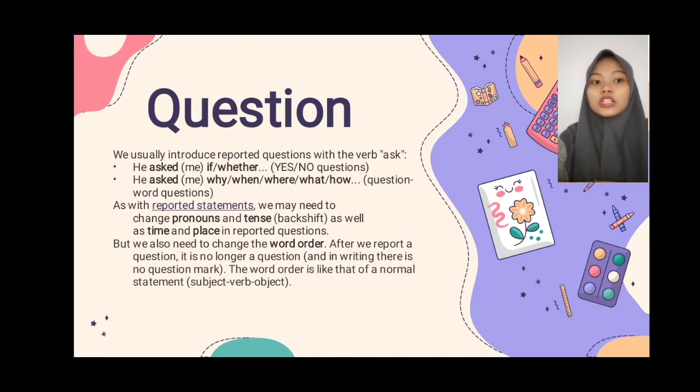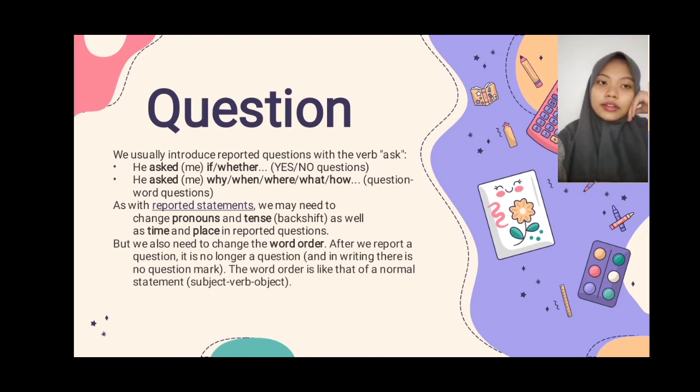As with reported statements, we may need to change pronouns and tense (back shift), as well as time and place in a reported question. But we also need to change the word order after we report a question. It is no longer a question, and in writing there is no question mark.